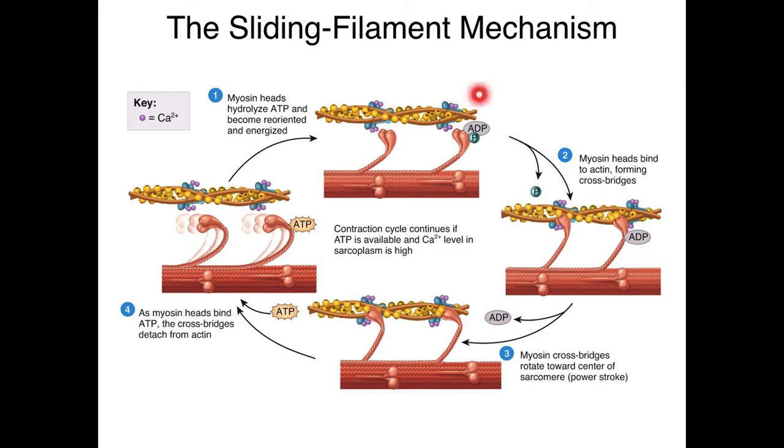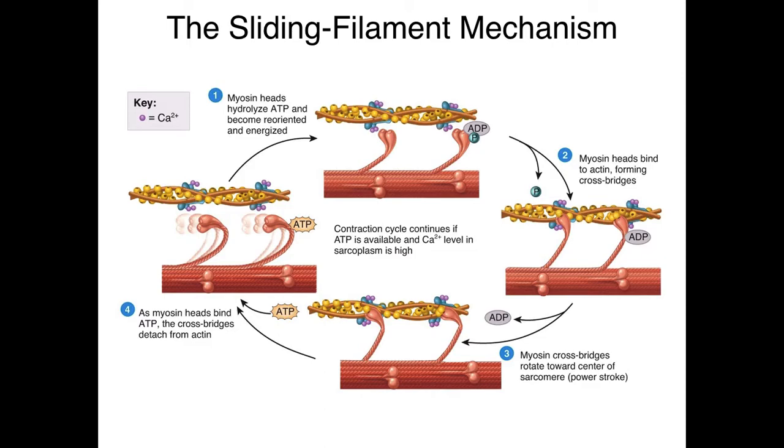So here we have our actin in our thin filament, and here we have our myosin, our thick filaments of myosin. And we have our head groups, which are the actual motor proteins here.